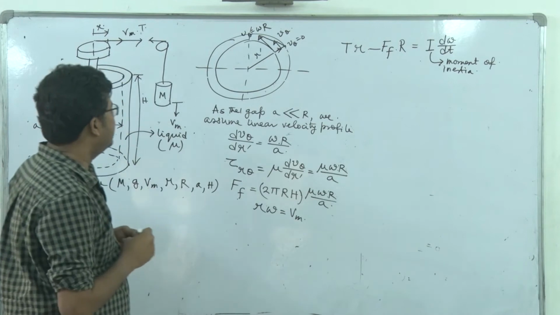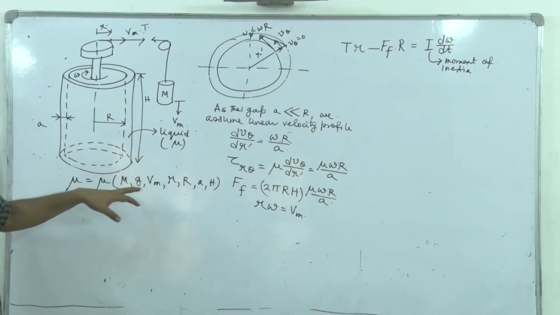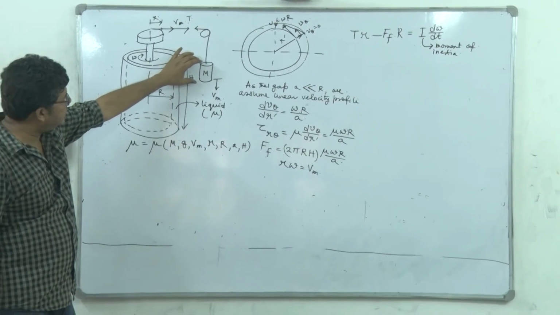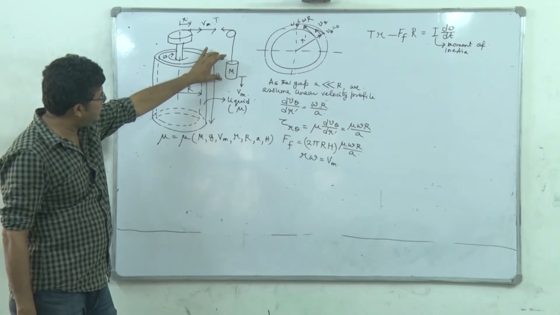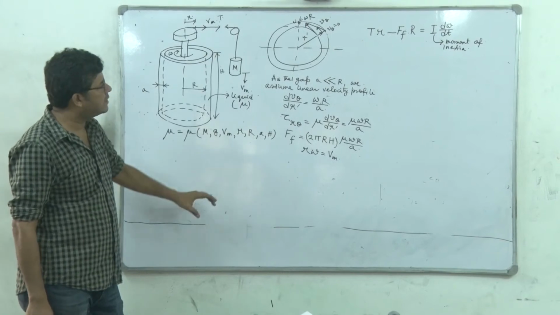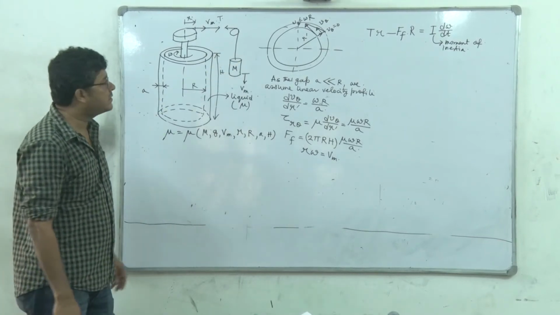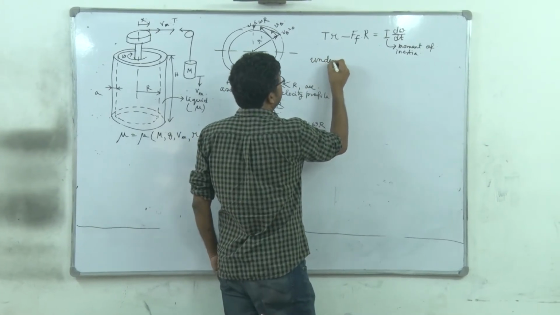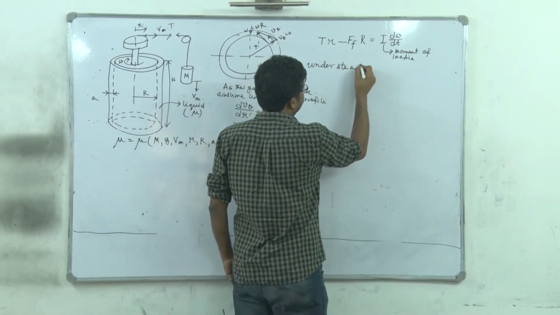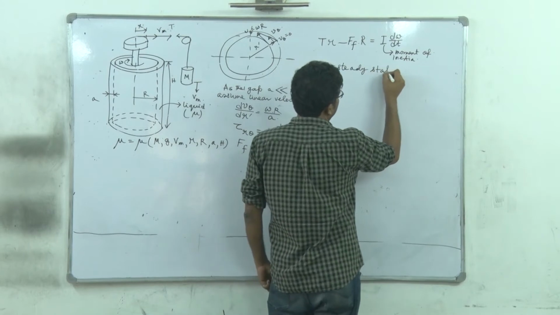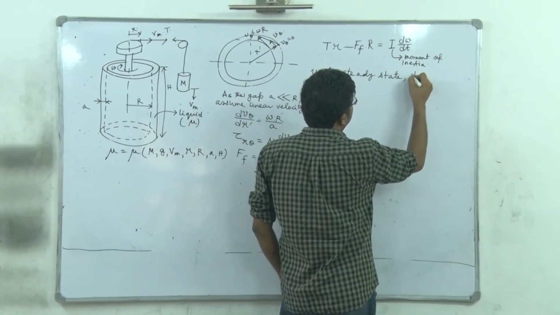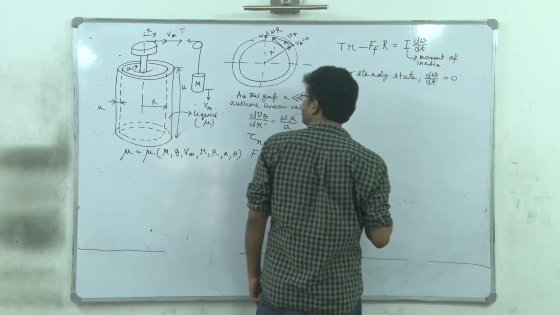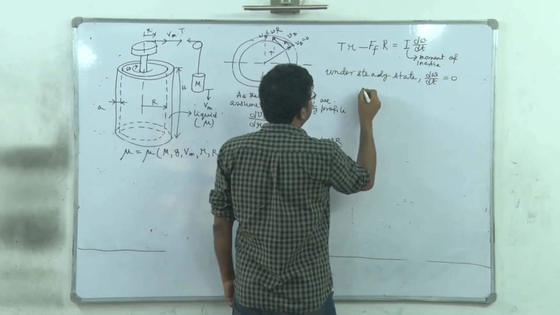Now the point is, we have to calculate the viscosity, where after a certain initial transient this block of mass m is moving with constant velocity. So it is a steady state. Under steady state, d omega dt is equal to 0.